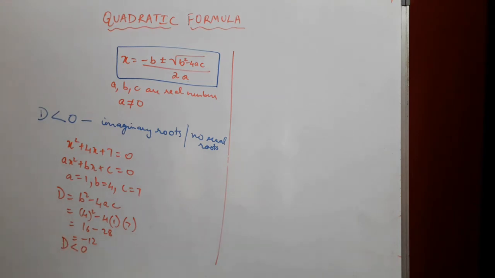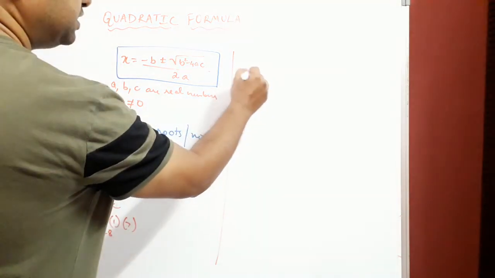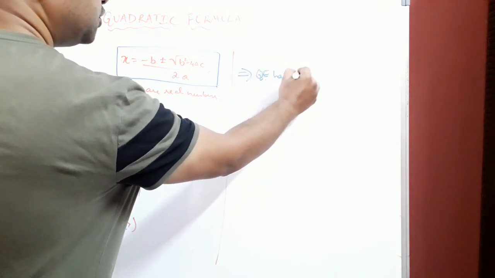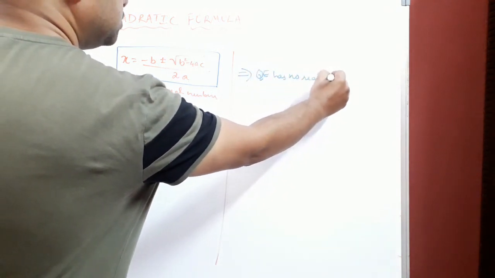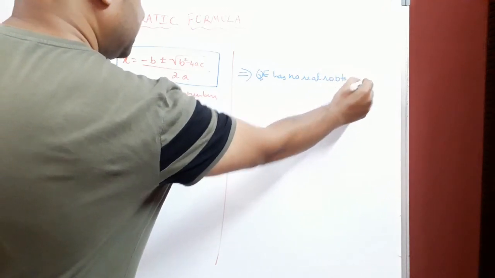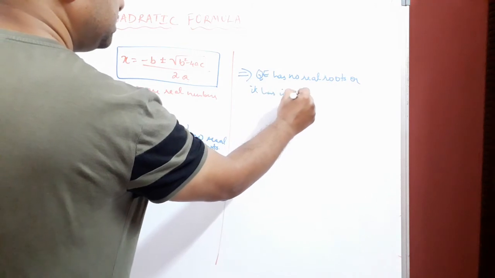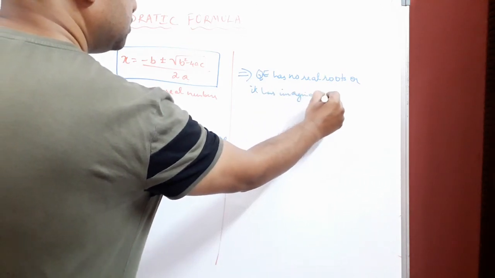So numbers less than 0 on the number scale are said to be negative. It's an integer. However, when d is less than 0, this implies that the quadratic equation has no real roots, or we can say that it has imaginary roots.